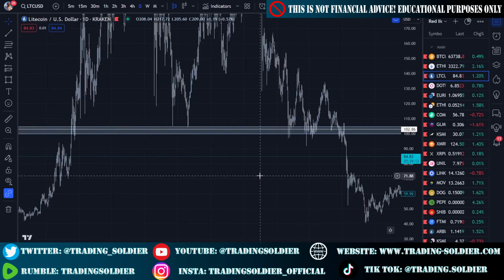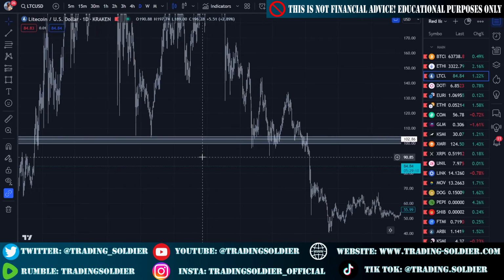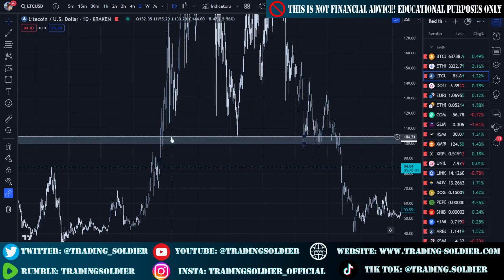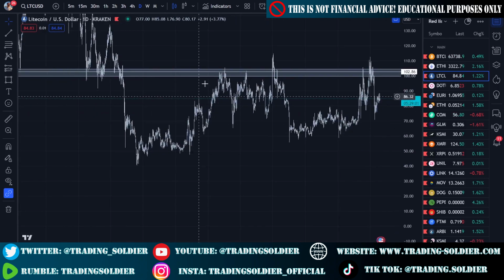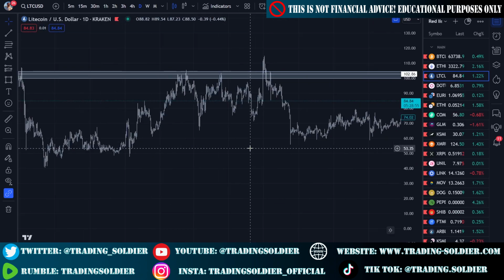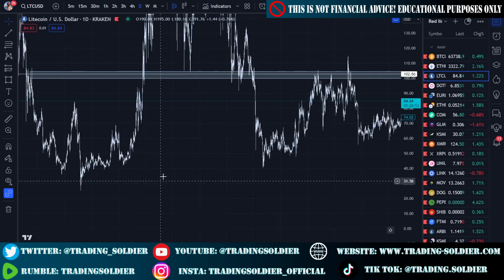So you need to know that these supply and demand areas oftentimes flip. Once an area is acting as demand, when it flips, it will act as resistance or supply area. So that's one very important thing that you need to know.